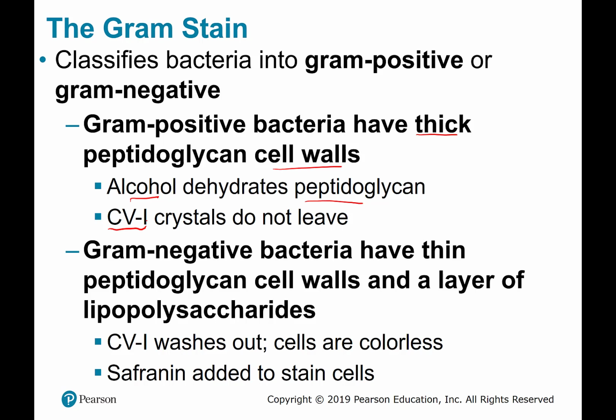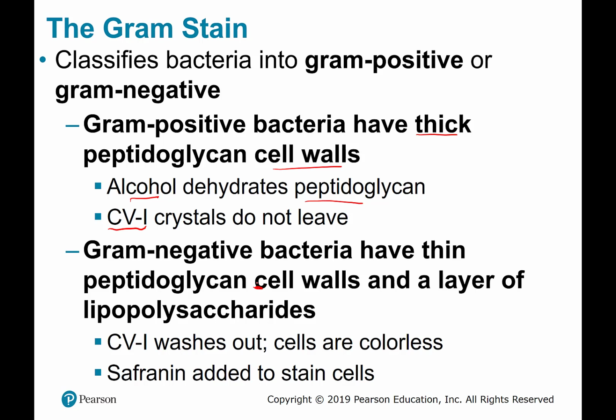With your gram-negative bacteria, they have a very thin layer of peptidoglycan, okay, and that very thin peptidoglycan layer is between two layers of lipids. So they have their inner plasma membrane, the thin peptidoglycan cell wall, and in addition to that, they have an outer membrane that's composed of lipopolysaccharides.